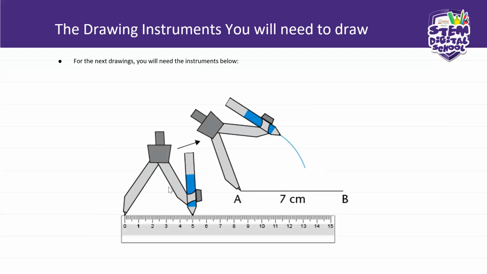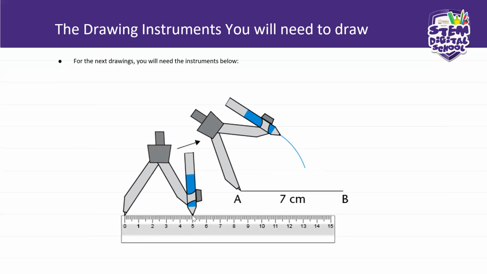To get those measurements correct, you take your ruler and your compass. You put your compass on your ruler like this with your pencil, of course. Then you measure the millimeters, and then you put the point of your compass accordingly.